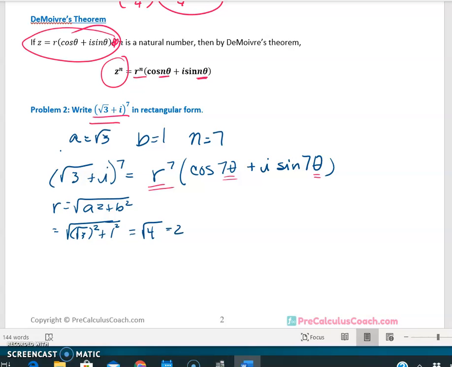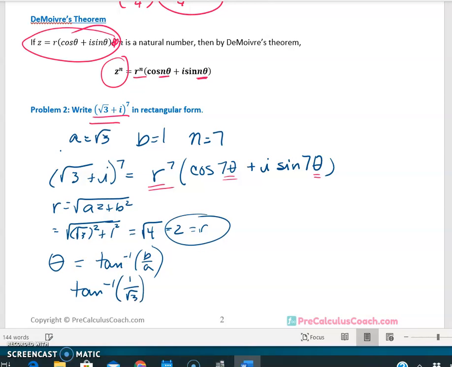And then for theta, we're going to use the tan inverse of b over a, because a is greater than 0. That's the tan inverse of 1 over the square root of 3, or square root of 3 over 3, which is pi over 6.